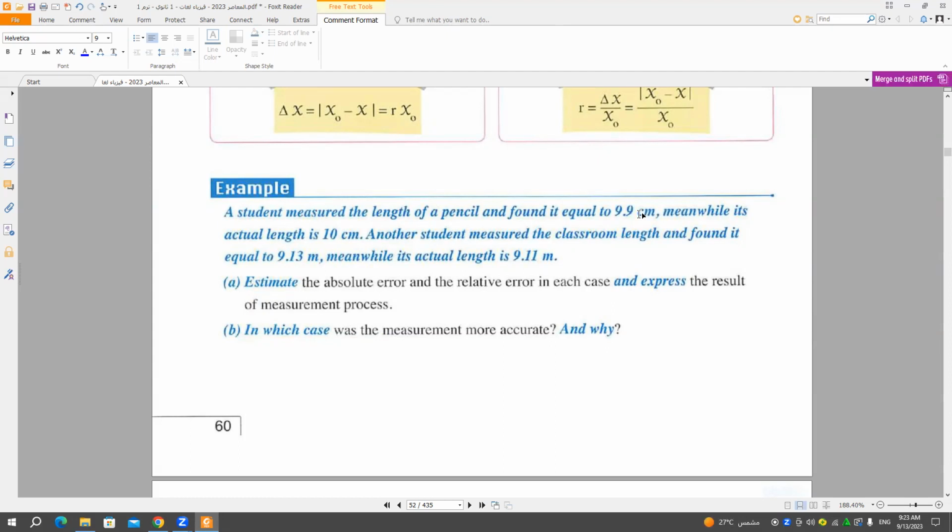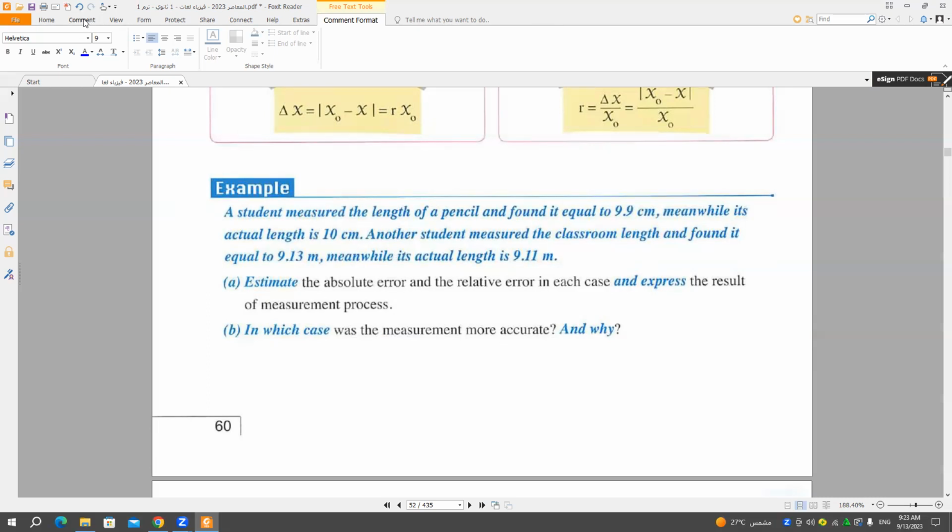Estimate the absolute error and the relative error in each case and express the result of measurement. So we need the absolute error for the length of the pencil and of the classroom, and the relative error for each of them. In which case was the measurement more accurate?